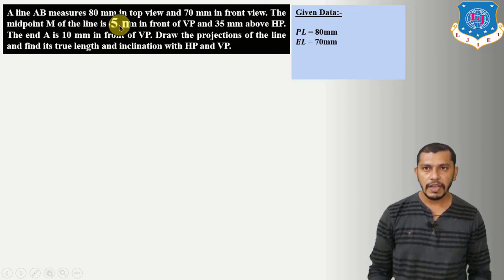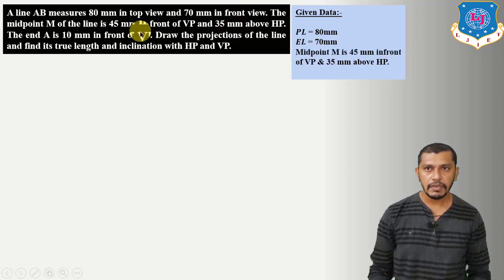The midpoint M is 45 mm in front of VP, 35 mm above HP. So midpoint M is in the first quadrant. And the end A is 10 mm in front of VP. Draw the projection of the line and find its true length and inclination with HP and VP.